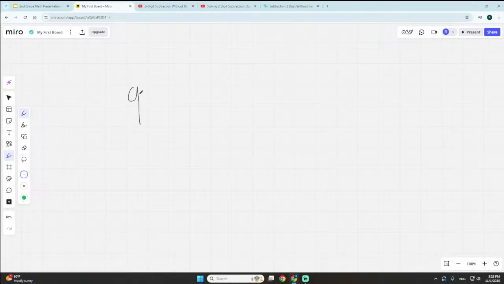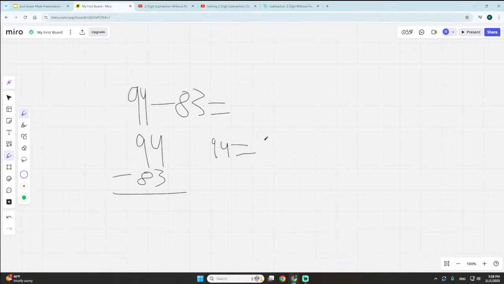And I'll take this one a bit slower in case anyone still is struggling a little bit. So we have 94 minus 83. And 94 equals 90, which would be 9 is the tens place, plus 4.